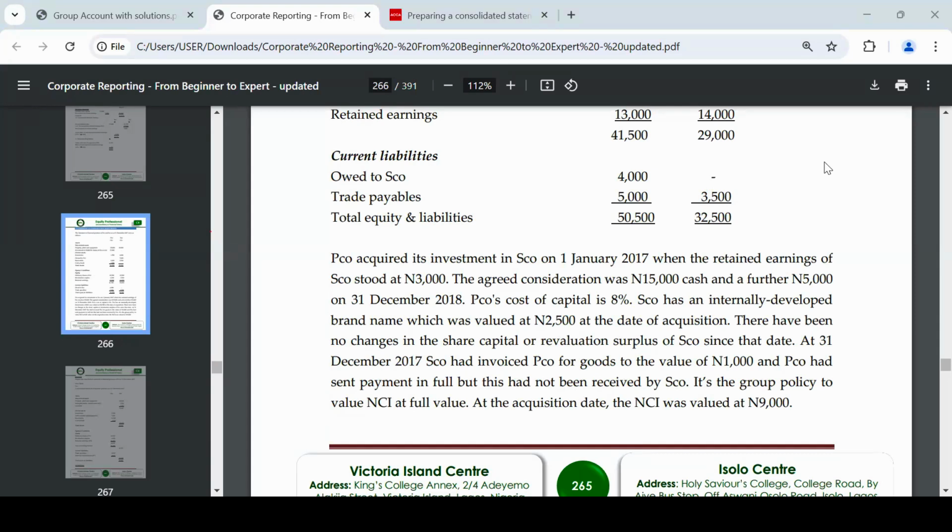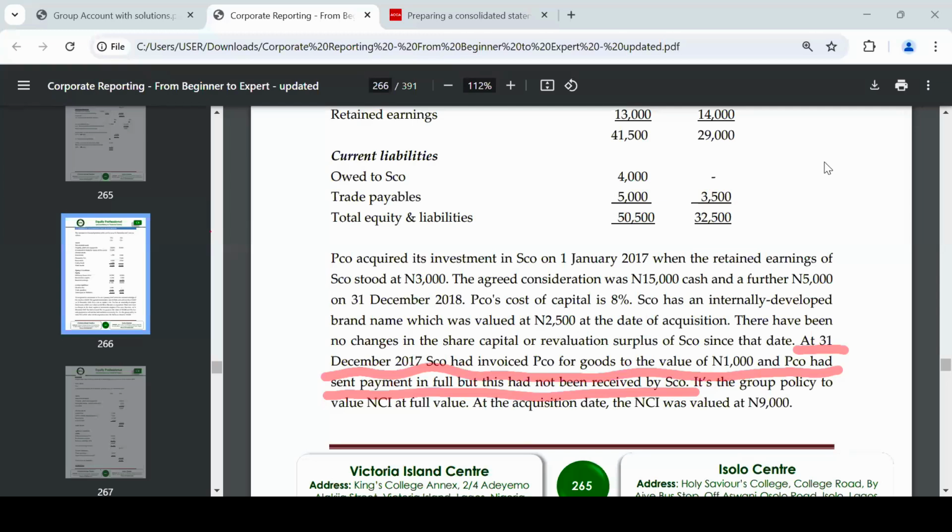We're told at 31st December 2017 that ESCO had invoiced PICO for goods to the value of 1,000 naira, and PICO has sent payment in full, but this had not been received by ESCO. Okay, that's intragroup trading. Value of goods 1,000. They had sent the invoice.